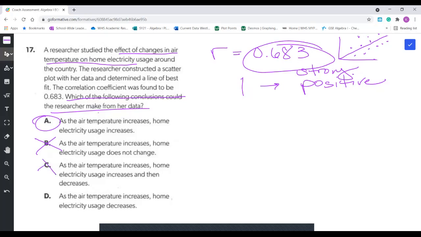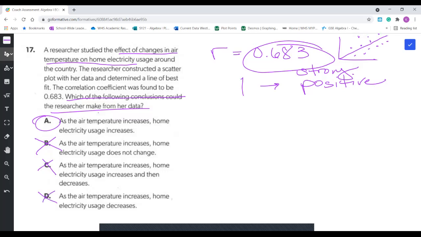That doesn't make sense. The hotter it gets, the more people use their air conditioning, right? All right, so as the air temperature increases, home electricity usage decreases. That's not true, because we all know that when you run that air conditioning, your power bill is gonna go up higher, right? So nope.